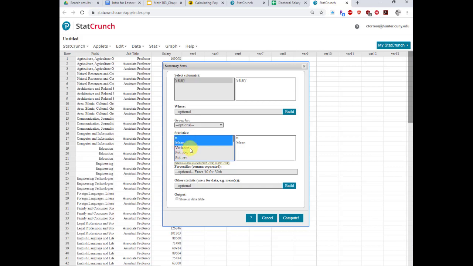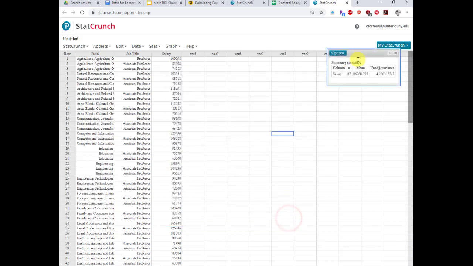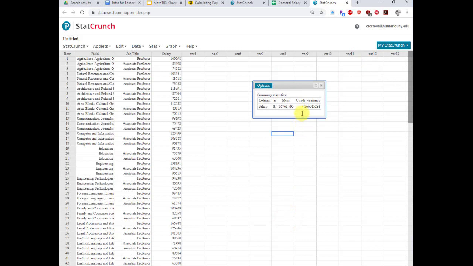Now this next one says variance. Do not use this one. This is for sample variance. If you want to calculate variance for a population, you would go to unadjusted variance and go ahead and click compute. And here I have my unadjusted variance is 4.26.